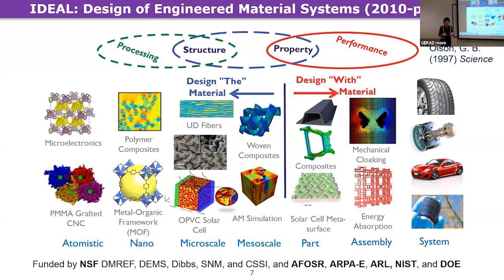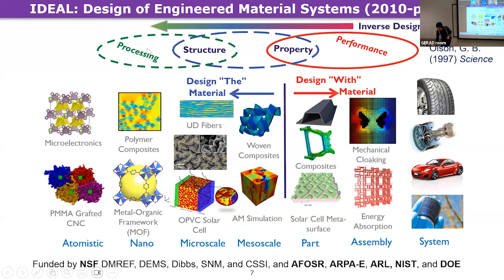My colleagues, the people I work with, whom I put on my first slide, are a long list of people in material mechanics. They work a lot on what we call the forward problem, which is the transformation of information. It's a kind of cause-effect relationship from processing to structure to property and to performance.